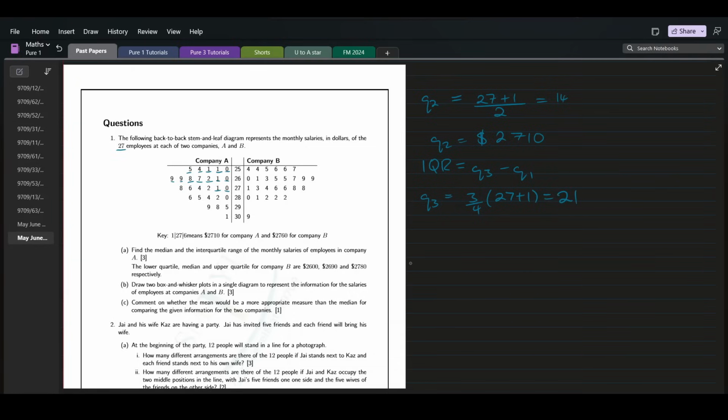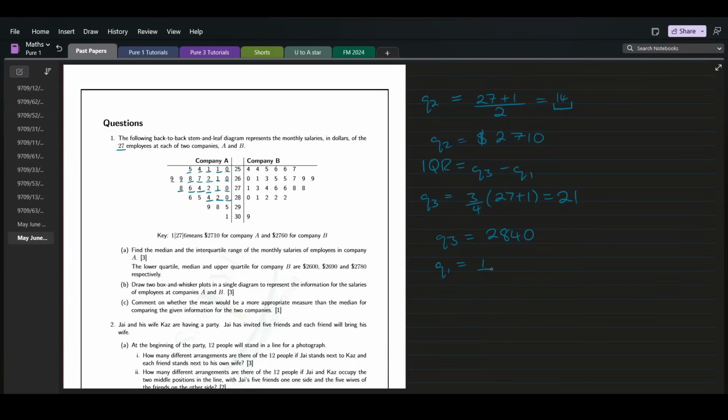So that means we need to count 21 positions. For Q2, we counted up to 14, so we can continue from there. That's 15, 16, 17, 18, 19, 20, 21. So this means that Q3 is equal to 2,840.